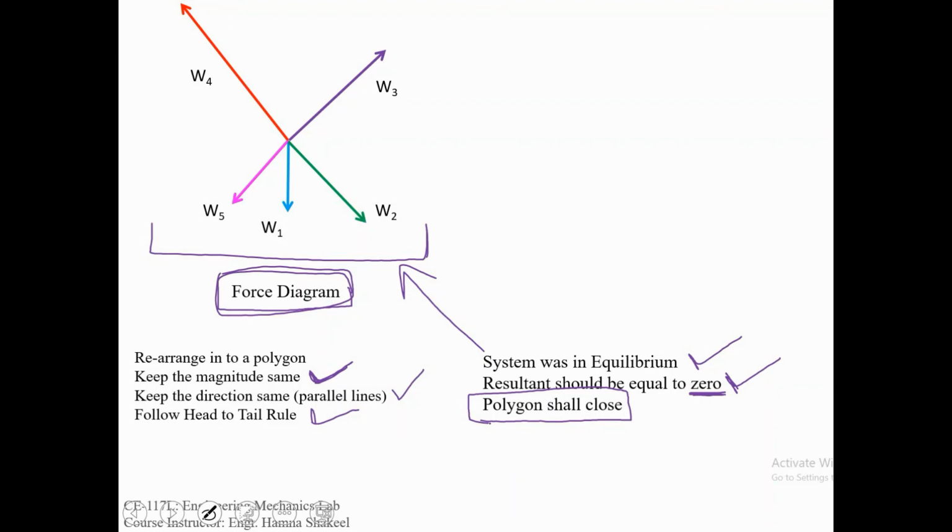So let's convert this into a polygon, and by now you guys know how to convert a force diagram into a polygon. So let's start with W1, W2, right? So you are connecting them in order, that is you are connecting them using the law of head to tail.